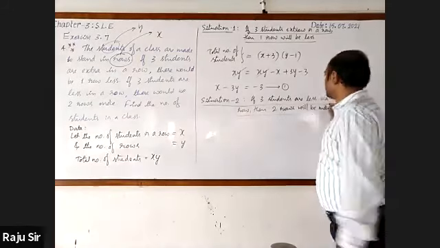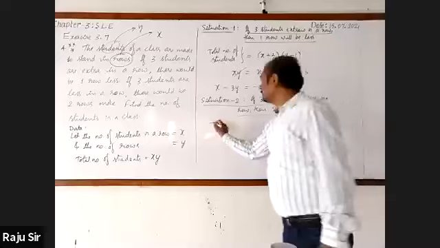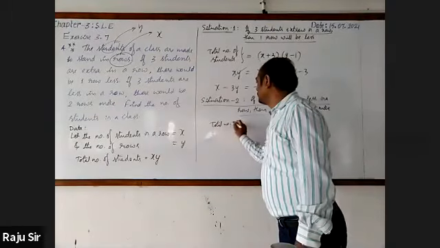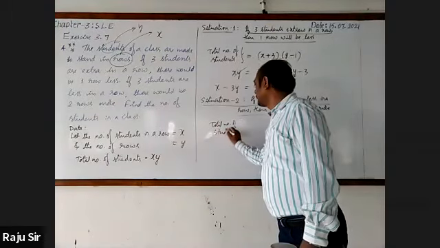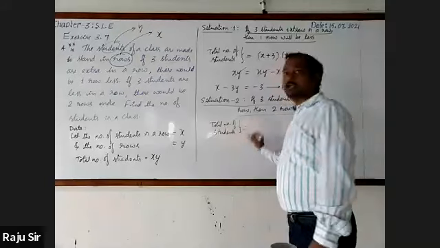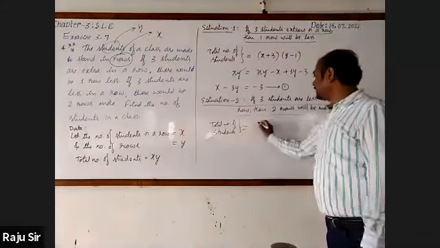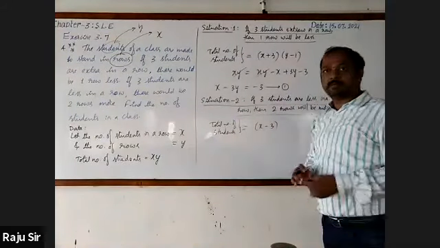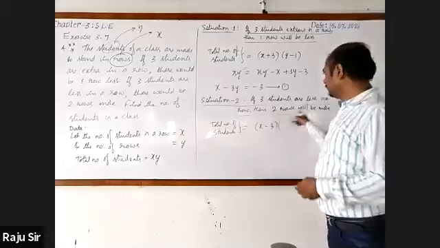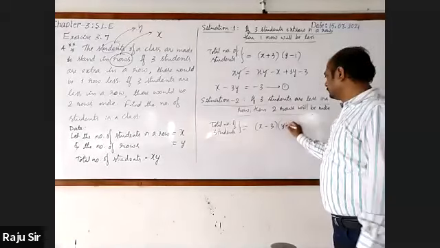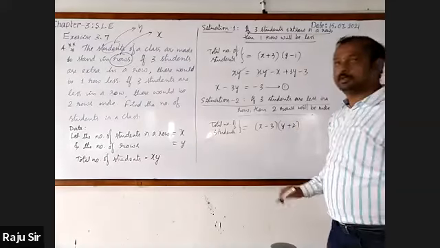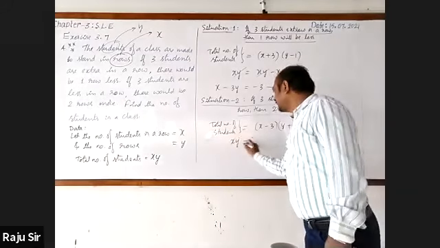Then total number of students can be written as, if 3 students are less in each row, it will be x minus 3, and 2 rows will be more, it will be y plus 2. So total number of students xy.